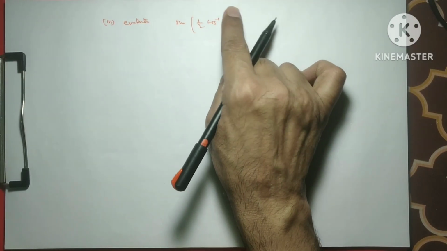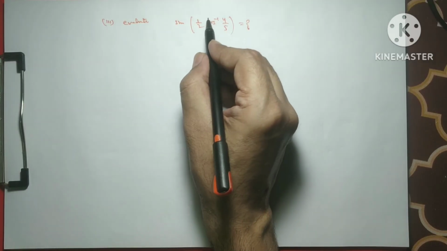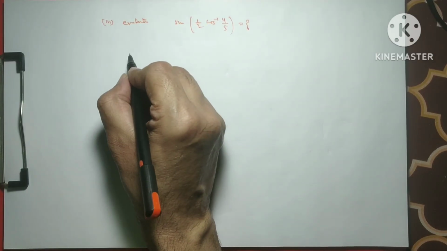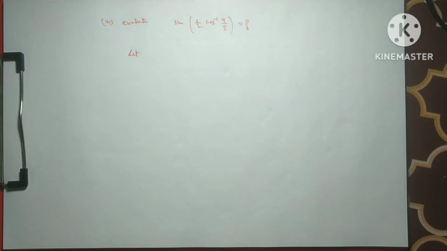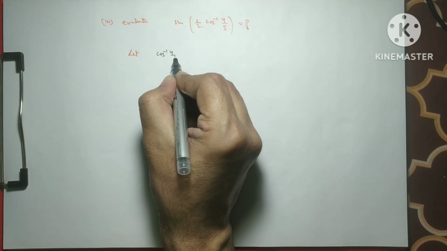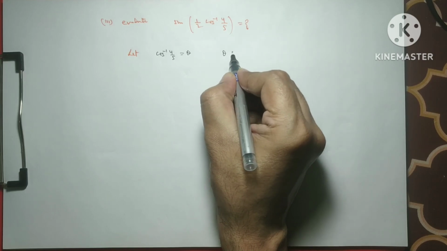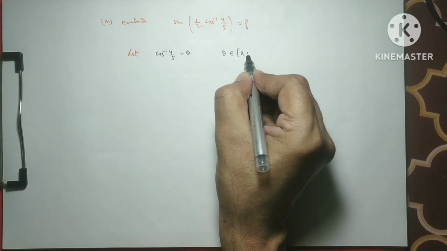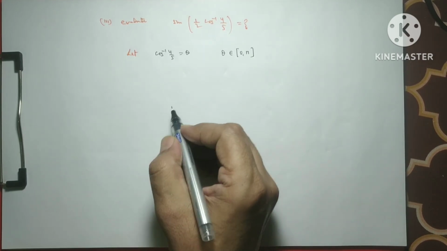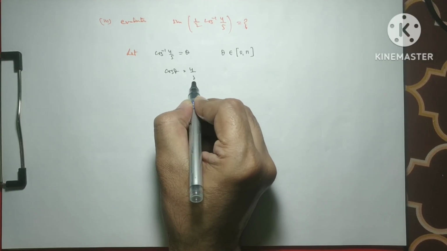Now evaluate this value. So according to this inverse part, let us consider cos inverse 4 by 5 as theta, and theta should lie between 0 to pi. It means cos theta is 4 by 5.